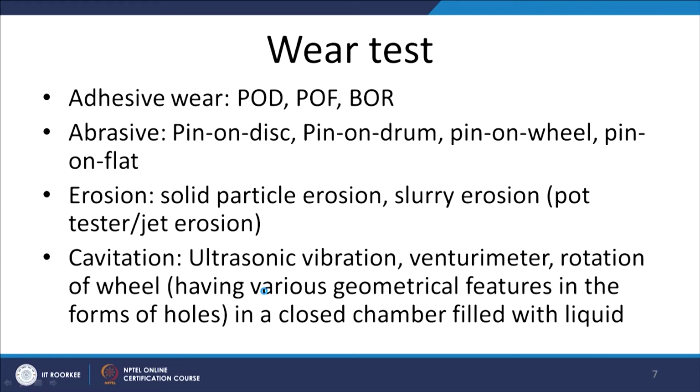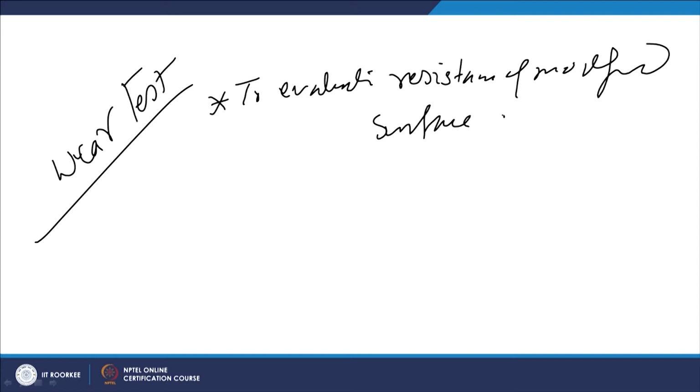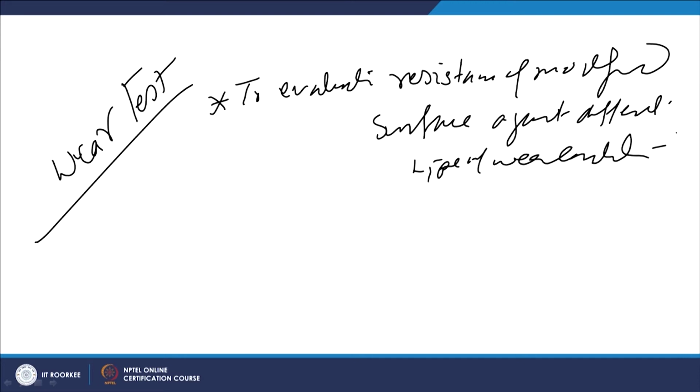So, for performing the wear test, we will be talking about the four types of the wear tests that are conducted to evaluate the resistance of modified surfaces against different types of wear conditions, and this will help us to know at what rate the modified surfaces will be wearing out under the service conditions against a particular type of the wear.